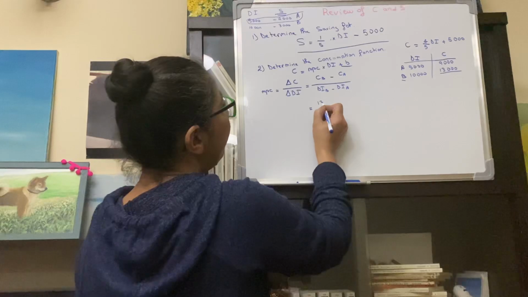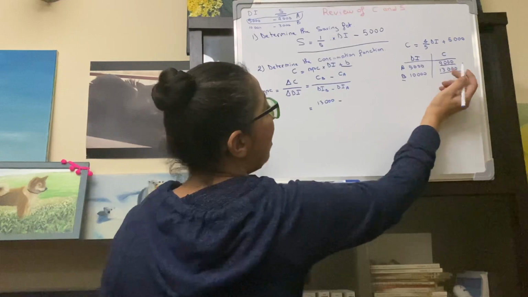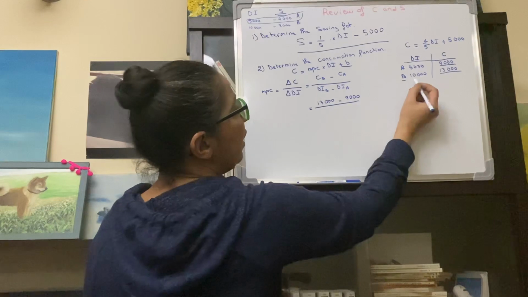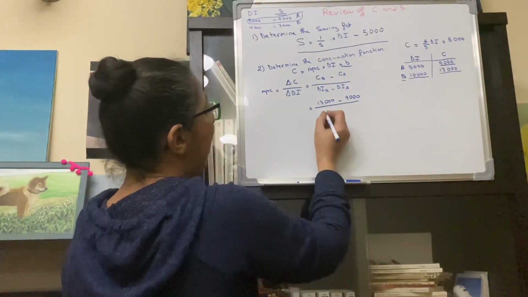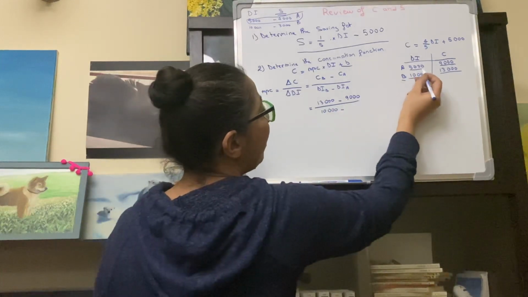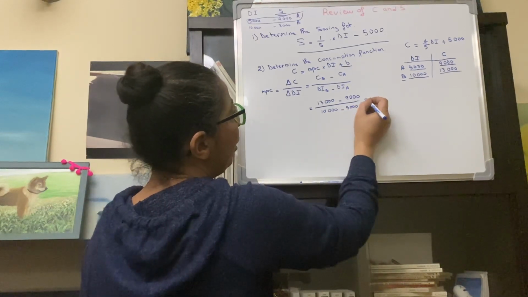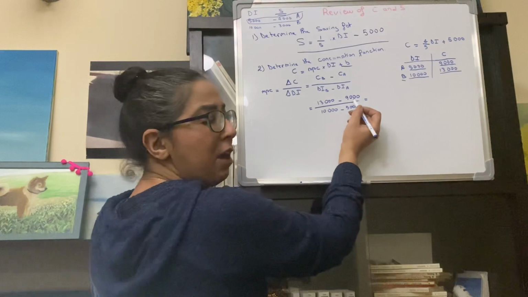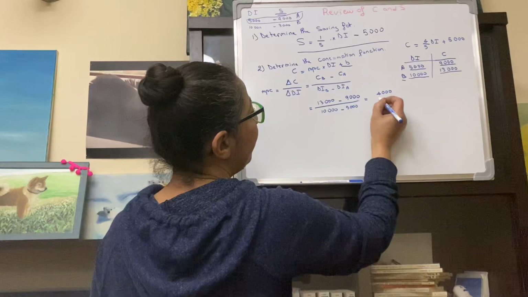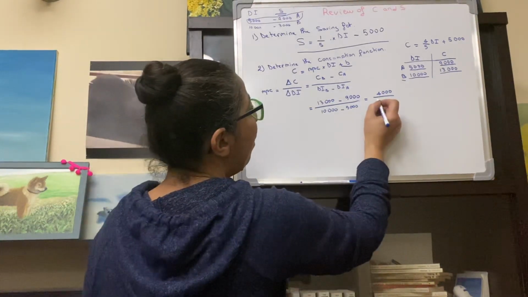Which is equal to 13,000 for the consumption in B minus 9,000 for the consumption in A, over 10,000 for the DI in B minus 5,000 for the DI in A. 13,000 minus 9,000 gives you 4,000. 10,000 minus 5,000 gives you 5,000.